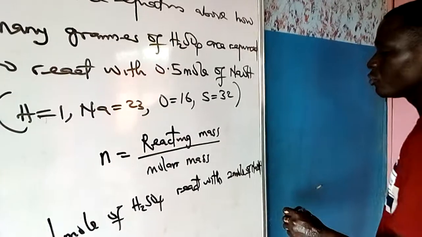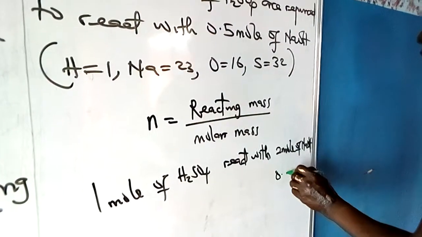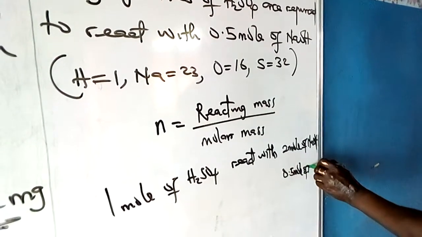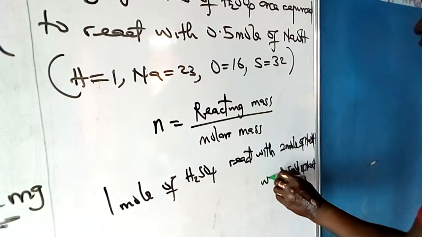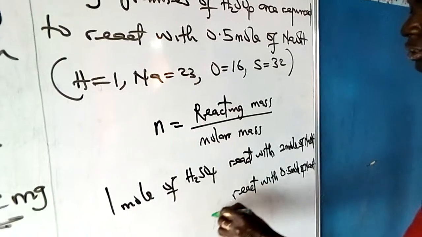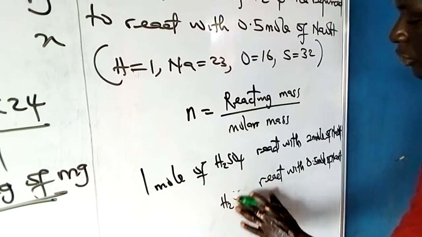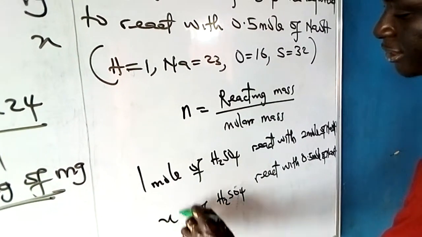So now 0.5 mole of NaOH reacts with X mole of H2SO4.